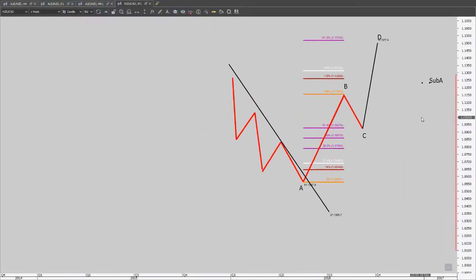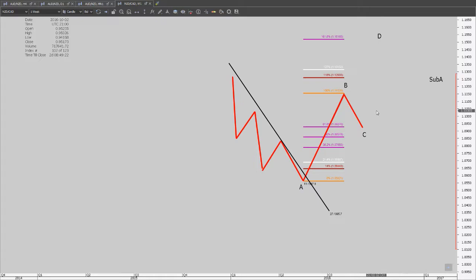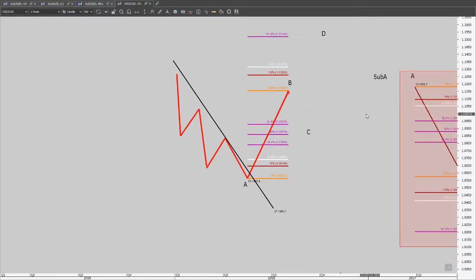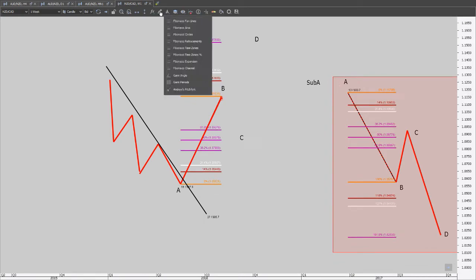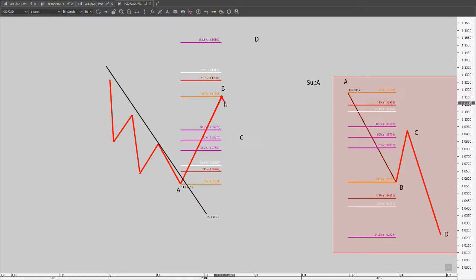Where is going to be the sub A? Well, if the A of the down Fibonacci is the starting point of the downtrend, right? The sub A is going to be also the starting point of the downtrend, right?